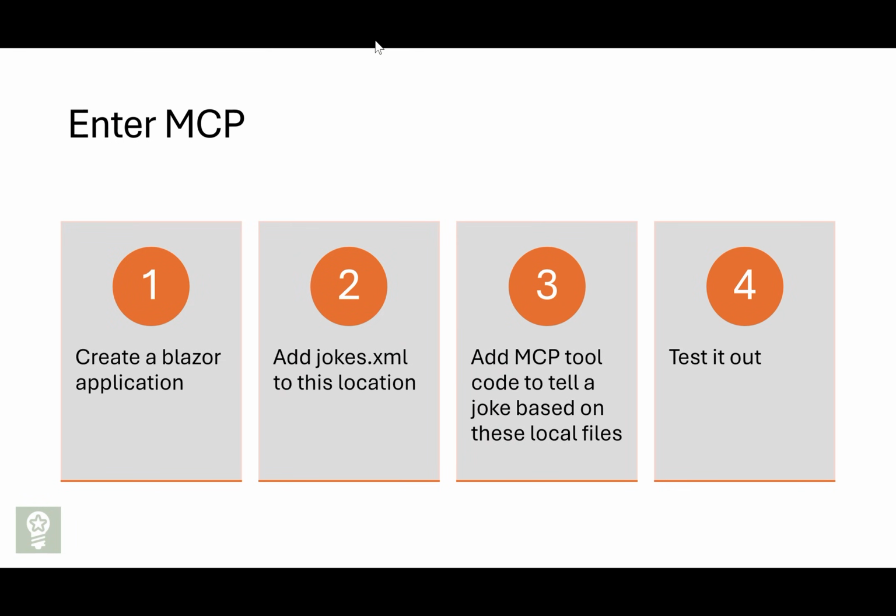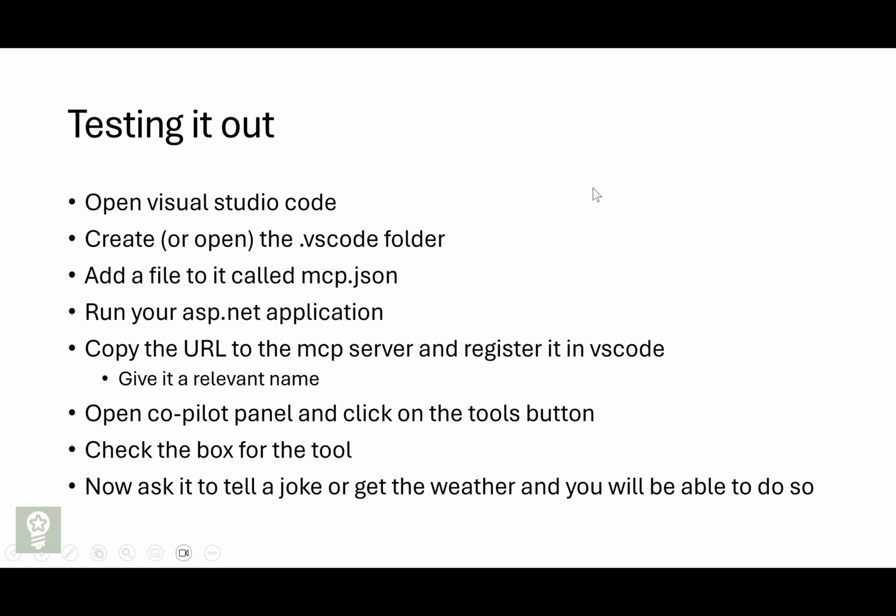All right, so we've got our MCP server set up and running now. So how do we actually test it out? In order to test it out, we're going to be using Visual Studio Code, and we're going to follow these steps here, where we open up a VS Code folder, we add a file to it called mcp.json, we then run our ASP.NET application, and we copy the URL from our MCP server into VS Code as part of registering this MCP server.